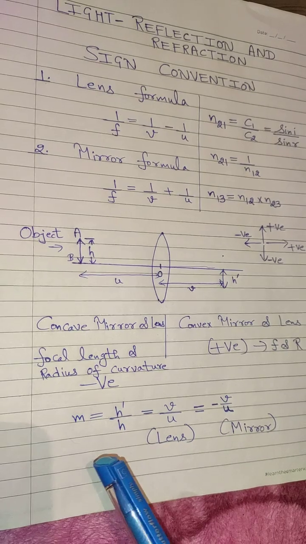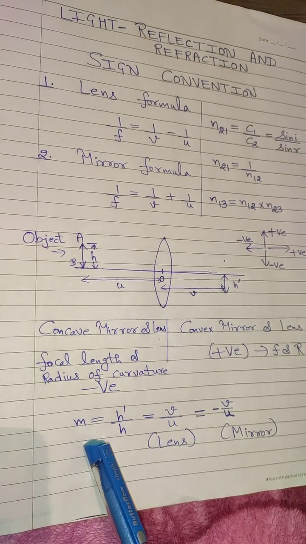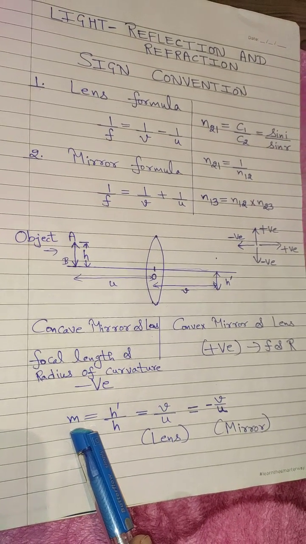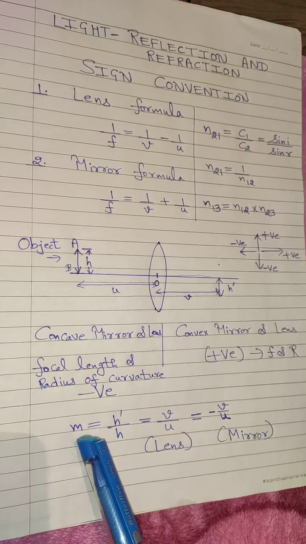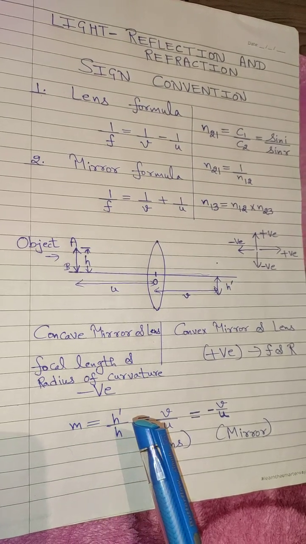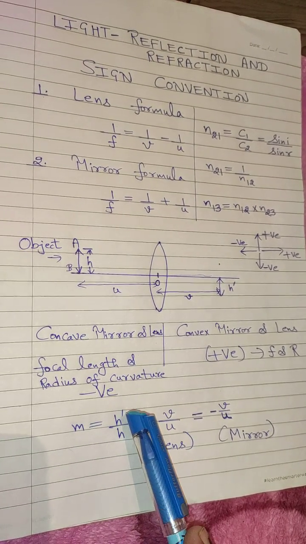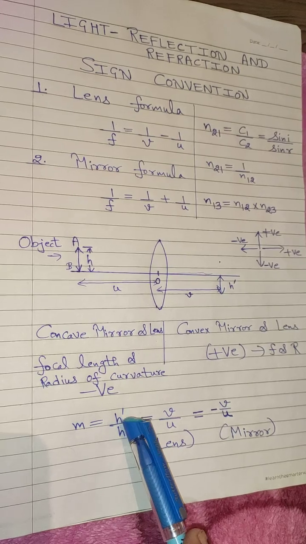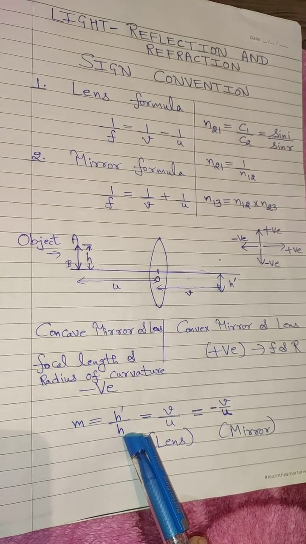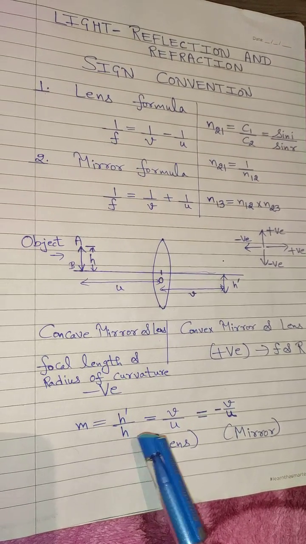And last we have the formula of magnification. We represent magnification with the symbol small m, and it is equal to h'/h, the height of the image formed upon the height of the object.